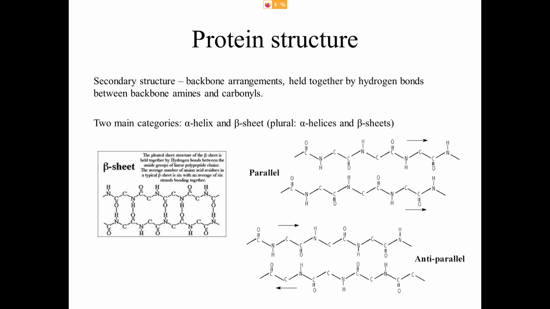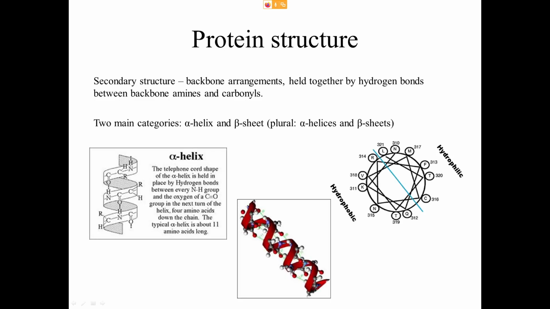But like the alpha helix, it's held together exclusively by hydrogen bonding, and only among the backbone amines and carbonyls. Right? Never the R groups. Again, I didn't even draw them. They're sticking off here and here and here. And unlike the alpha helix, where we said the R groups are pointing radially outward, so if you look down the barrel of this, they're all pointing outward, and there was that 100-degree twist, right?